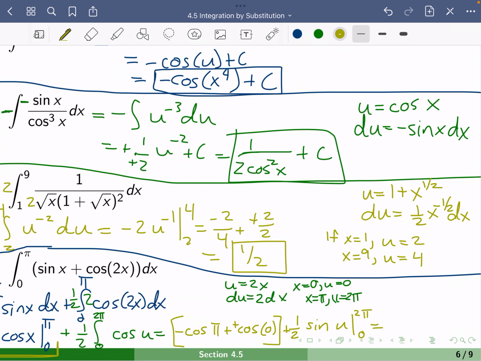So when we do all that and plug all of our stuff in, cosine of pi is -1, so we have the negative of -1 is a positive 1, plus cosine of 0 is 1, so 1 plus 1 is 2. When you plug 2 pi into sine, sine of 2 pi is 0, sine of 0 is 0. And so we're just going to end up with 2 as an answer there.